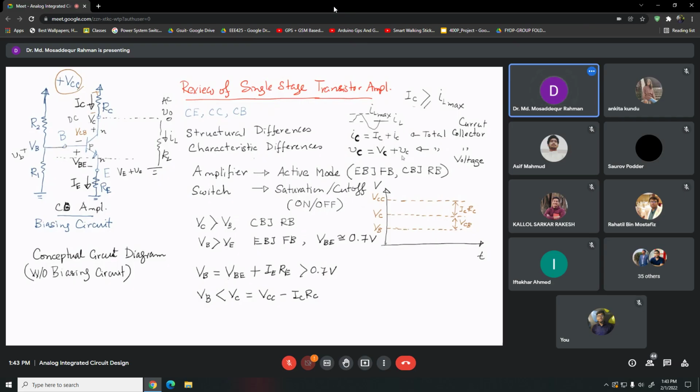So now we have signal voltage vc. How will it fit in here? The AC collector voltage will be superimposed on this DC collector voltage. So if you superimpose this AC voltage on the DC collector voltage, the total voltage will look like this. Let's change the color.